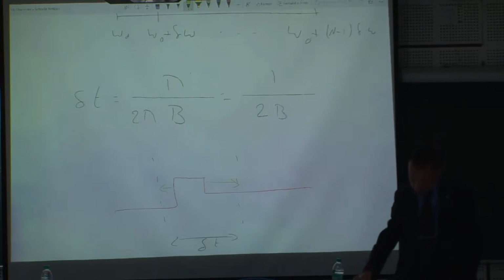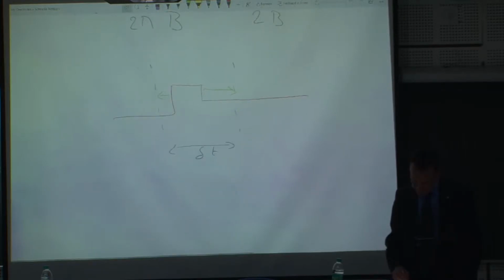So delta t is roughly delta x divided by c naught, right? Because c naught delta t is delta x. And this is 1 over twice B. This means that delta x is c naught over twice B.